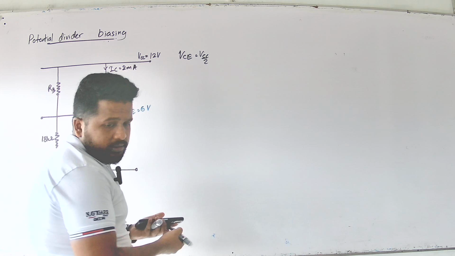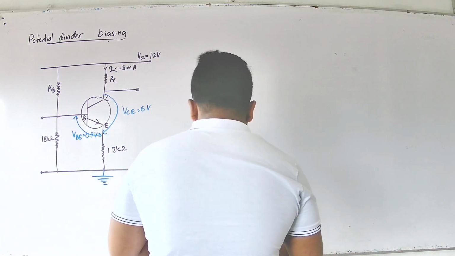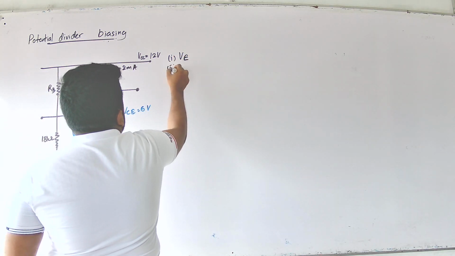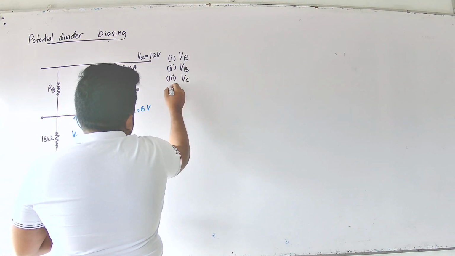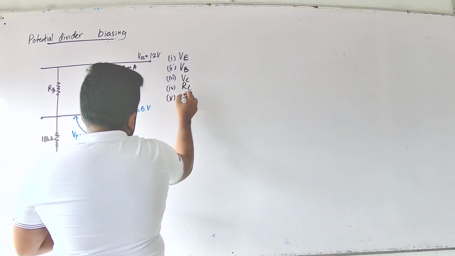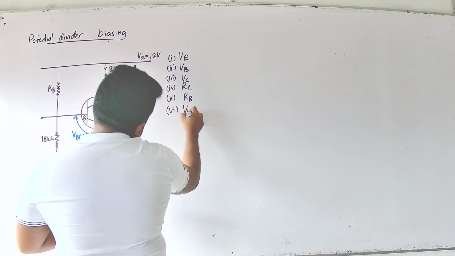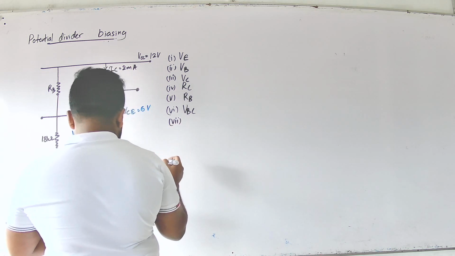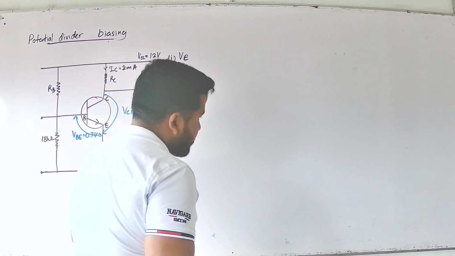So find out number 1 VE, number 2 VB, number 3 VC, number 4 RC, number 5 RB, number 6 VBC, number 7. That's enough. That's it.